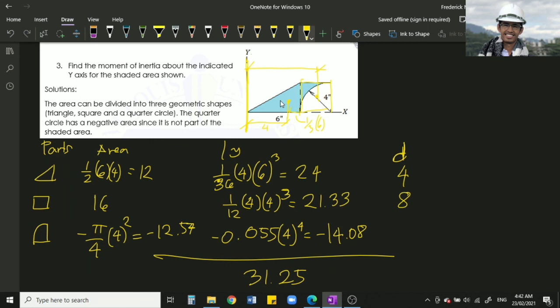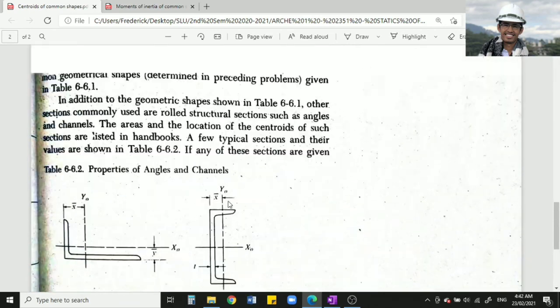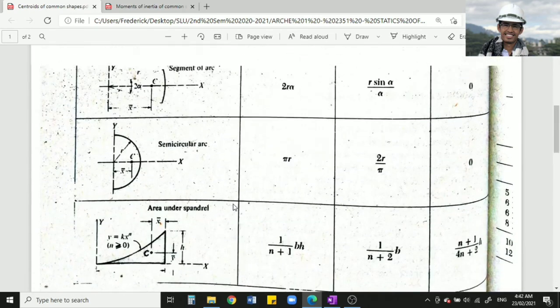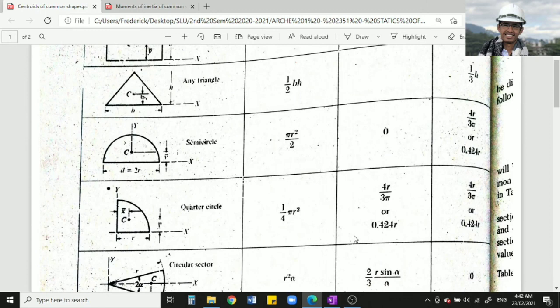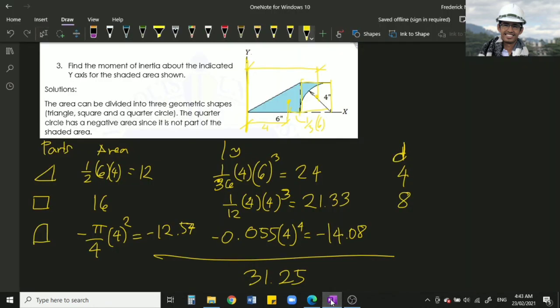And for the quarter circle, so tingnan ulit natin yung centroid ng quarter circle. So for the quarter circle, so that will be 0.424 r. Okay? So yung 0.424 r natin is dito banda, no?